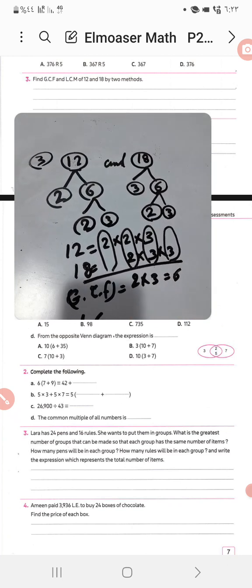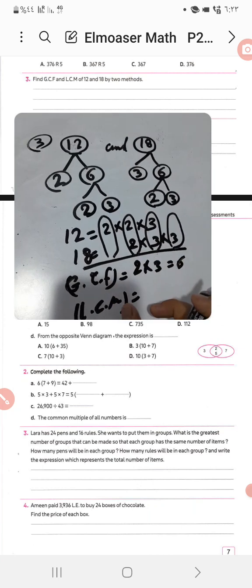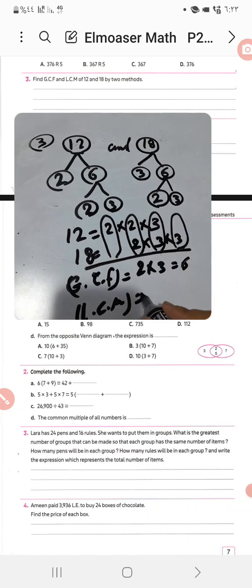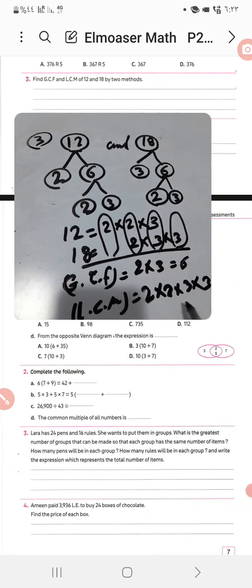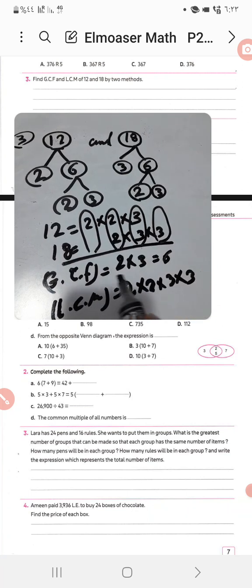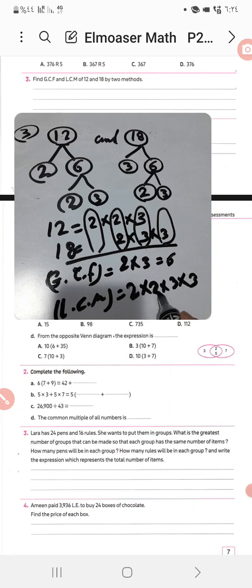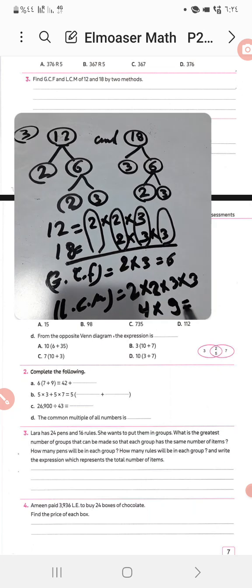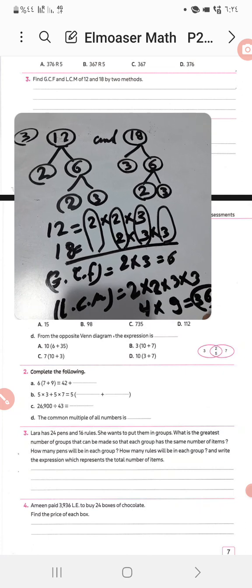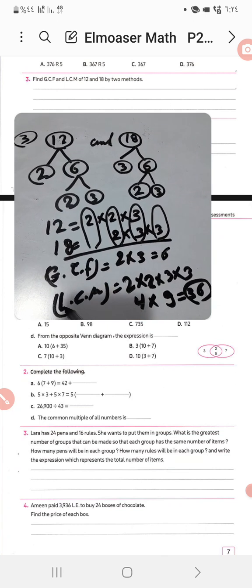And for the least common multiple, we choose one digit from all the circles: 2 times 2 times 3 times 3. 2 times 2 equals 4, and 3 times 3 equals 9. 4 times 9 equals 36. Then 36 will be the least common multiple of 12 and 18.